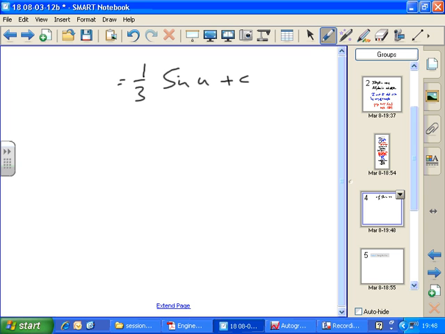Finally, I just replace u with what we set u to be, which is 3x plus 7. So therefore, cos u goes to sine u, because that's the standard integral. The integral of cos u is sine u.